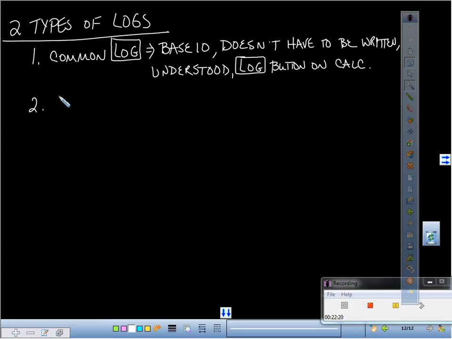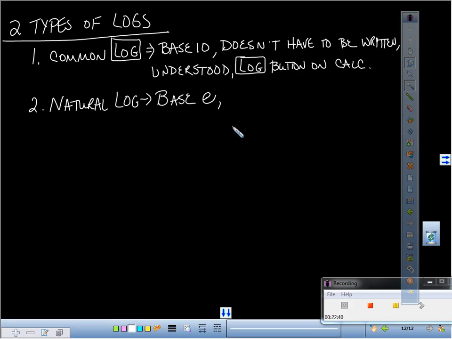All right, here's the second type of log. The second type of log is called a natural log. Guess what his base is? Oh, he's a base E. Now look, he's not base Euler, is he?